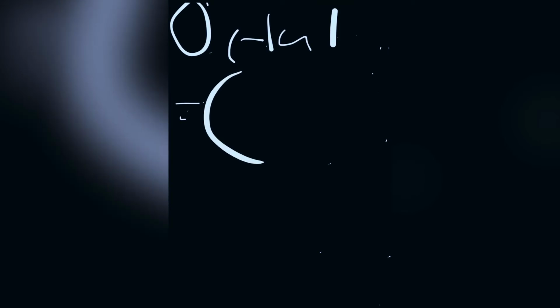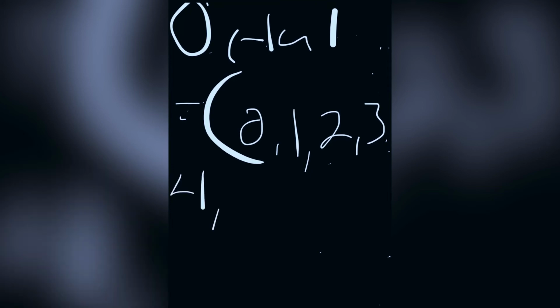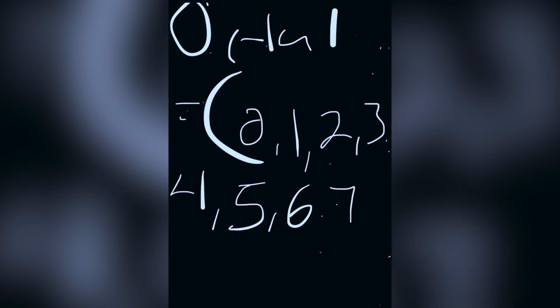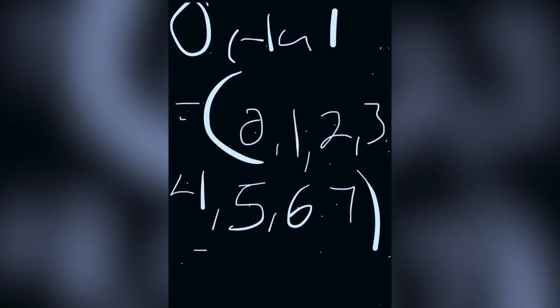Remember I said it has a base 8, and those are 0, 1, 2, 3, 4, 5, 6, then 7. Yeah, those are 8 digits, giving it a base 8. Octo is a base 8 system.